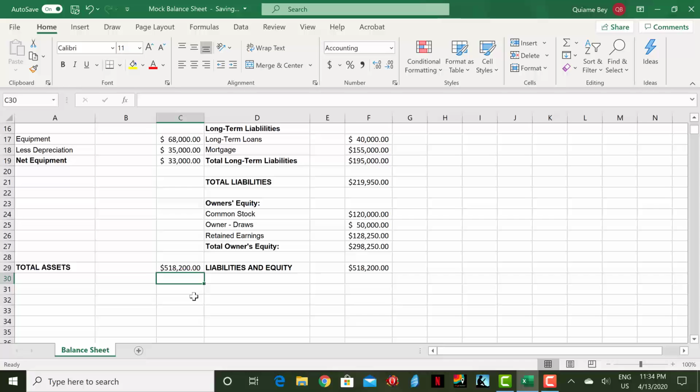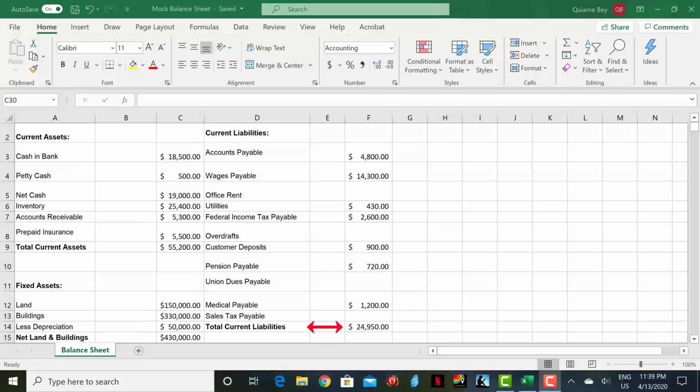We should receive a value of $518,200. We now know that the total assets equals $518,200.